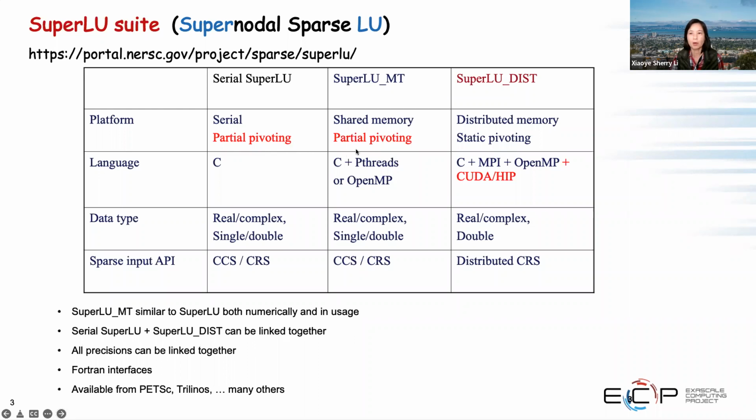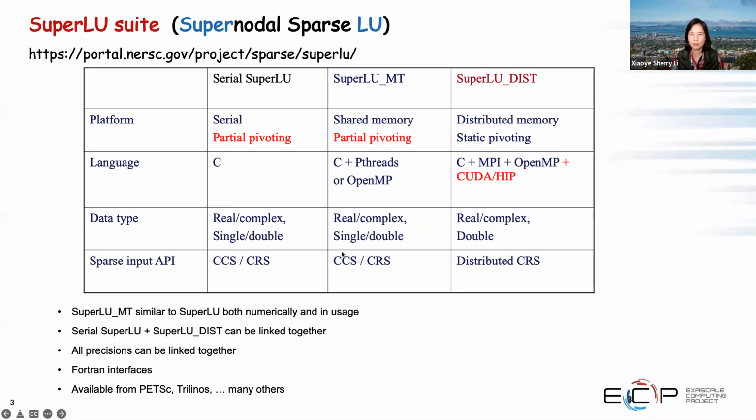Numerically, this is more robust, but in order to favor distributed memory strong scalability, we sacrifice a little bit of the numerical property. Here we're using static pivoting, which is a little bit less stable than this one. But in practice, it works really well. Surprisingly well, actually.